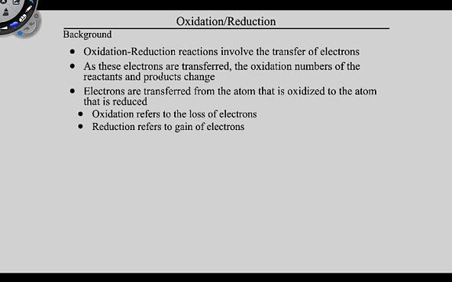The opposite of that is reduction. I'll let you write it down and then we'll talk about it. So we understand they called it oxidation because oxygen tended to do that to things, specifically metals.